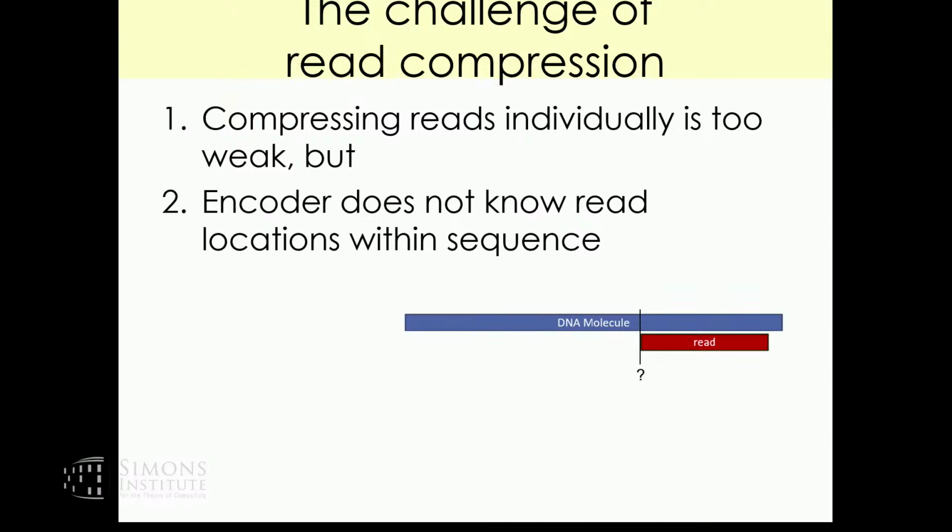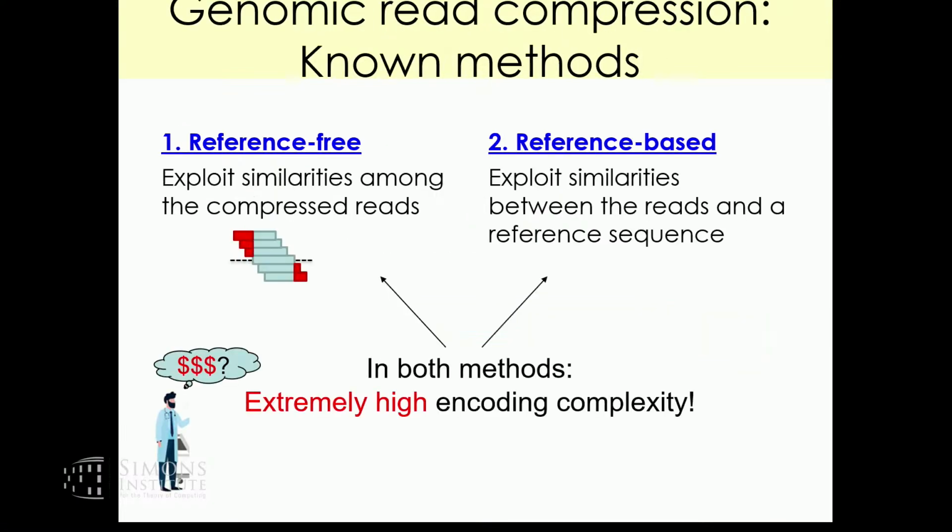So we have difficulties. What are the state-of-the-art solutions that people actually use for compression? Here you can choose. If you want to use a reference, then you need to invest a lot of work in aligning those reads over the reference so that you can communicate their context, their position. But that's a lot of work.